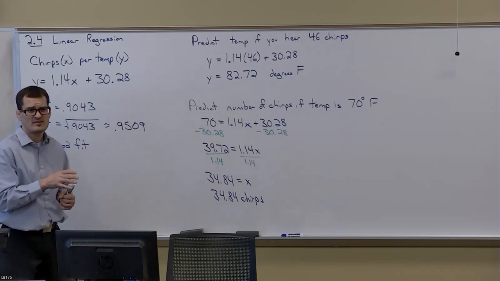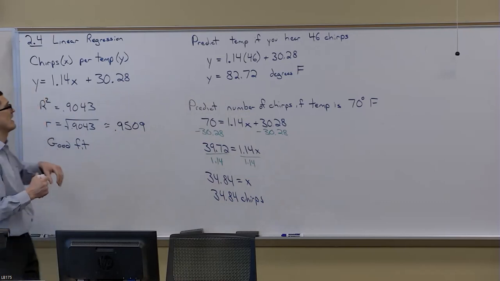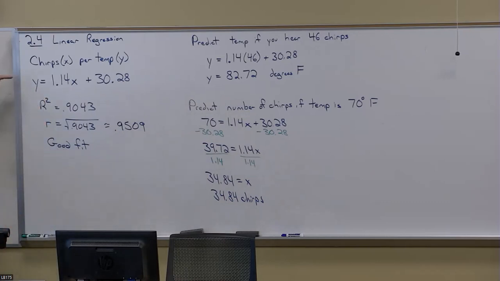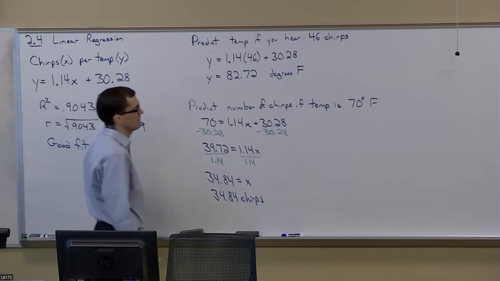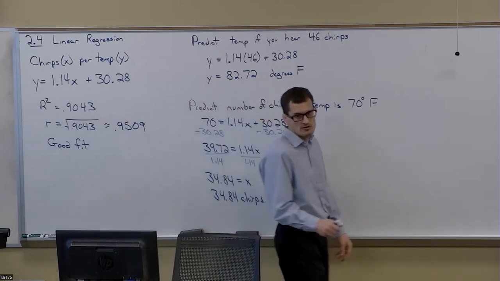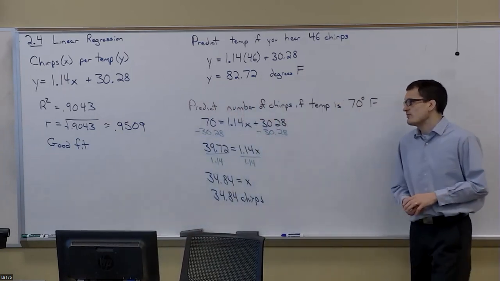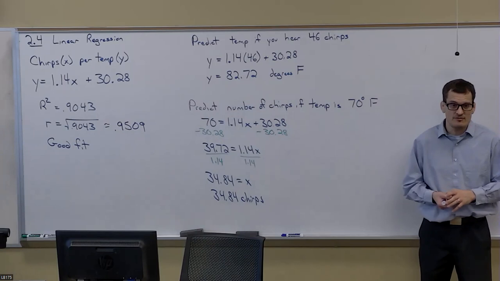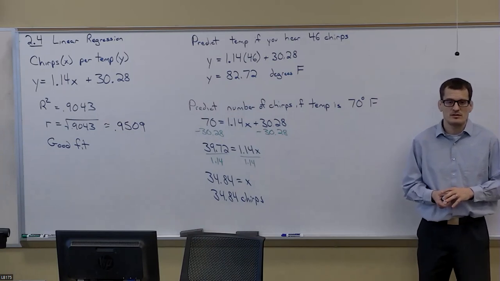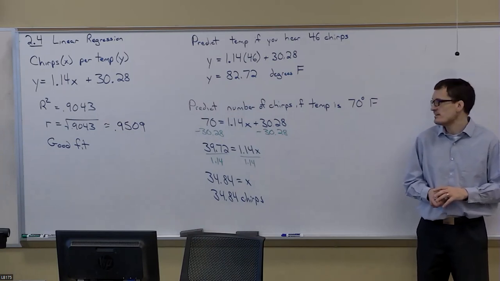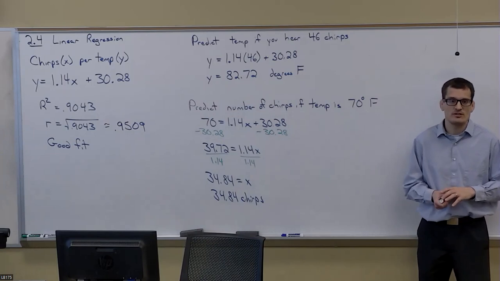Does this make sense? Again, a lot of things will be provided for you. I'll say, hey, Excel came up with this equation with this R value, and you'll have to decide whether that is a good fit or a bad fit based on the R value. Remember, if the R is negative 0.95, that would still be a good fit, right?